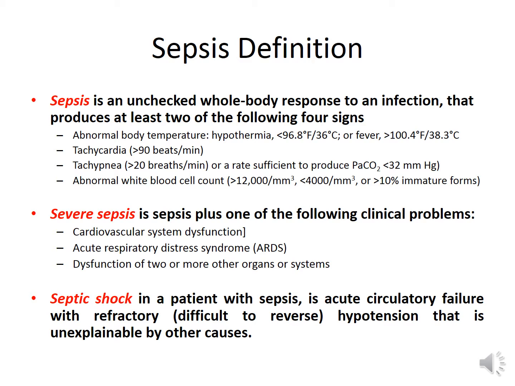It is acute circulatory failure with refractory hypotension that is unexplainable by other causes. What's our job? Our job is to detect sepsis in an early stage and stop the patient from developing into severe sepsis and septic shock.